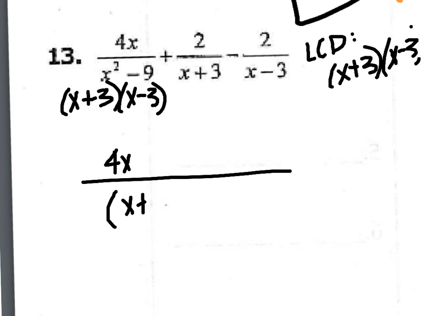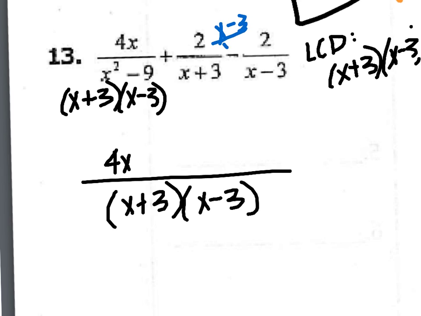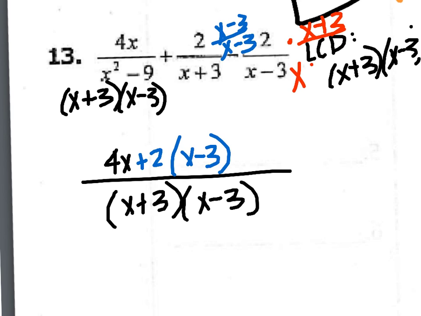The second one, I am missing an x minus 3, so I need to multiply by x minus 3 over x minus 3. The last one, I am missing an x plus 3. So I'm multiplying the top and bottom by x plus 3. So I have minus 2 times x plus 3.